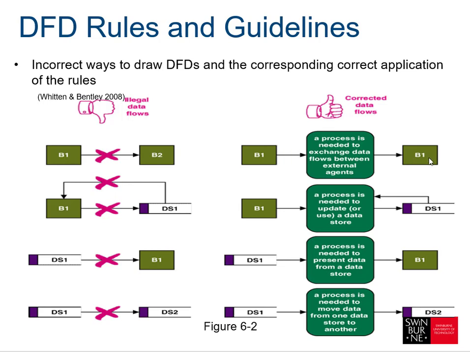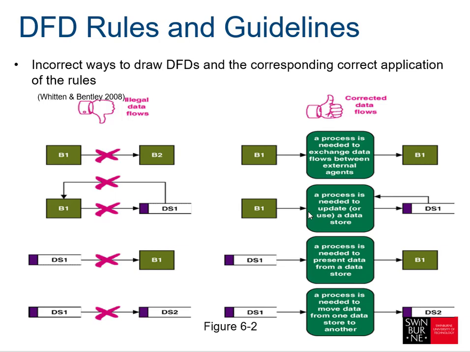It doesn't matter, it depends on the context you are modeling. And in the second diagram, the external agent supplies information to the data store. So in other words, the data store or the entity reads from the external agent and gives the information back to the external agent. Now this is also incorrect, because there is no process involved in this diagram.